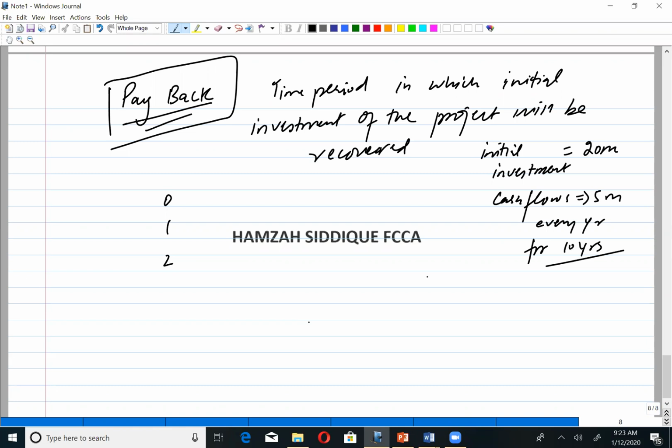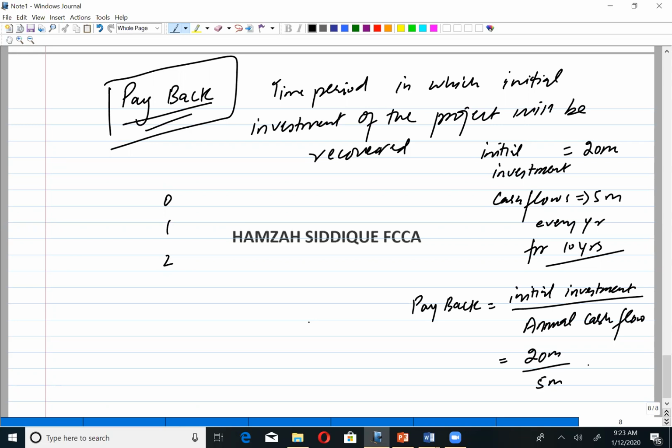So what is the payback? The payback of the project will be very easy: initial investment divided by annual cash flow, that is 20 million divided by 5 million, equal to 4 years. So the project will repay its initial investment in 4 years. This is the payback period.